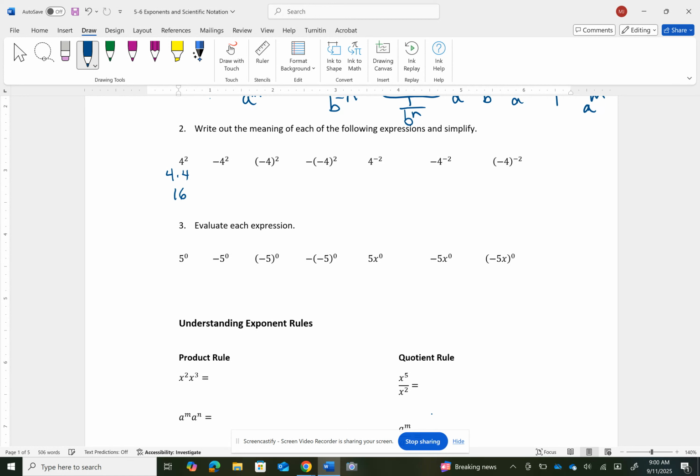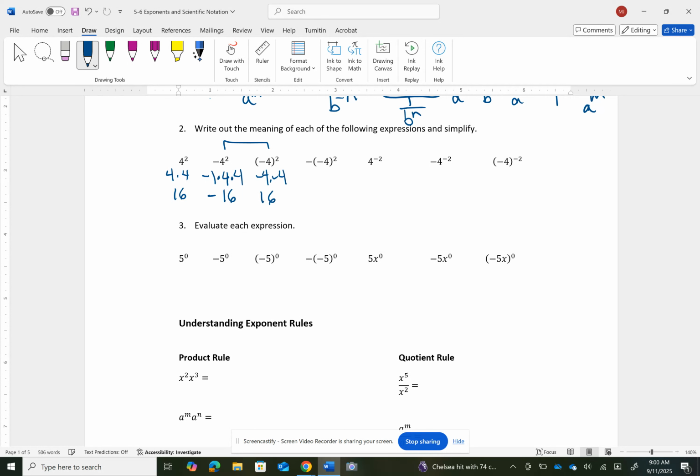Now these two are that situation where you have both taken the opposite and squaring. But on the second one, you're really going to take the opposite after you've squared. That one really means -1 times 4 times 4, so you get a -16. Where the third one really means -4 times itself, and you get a +16.